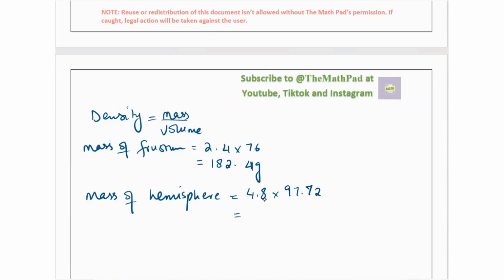That's going to be 469.056 grams. Now to find the average density, we find the sum of the mass and divide by the sum of the volume for both the frustum and the hemisphere.